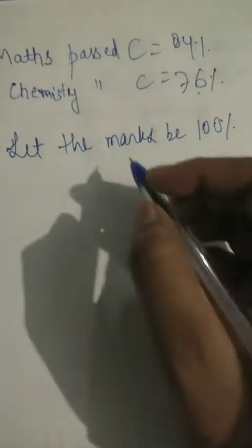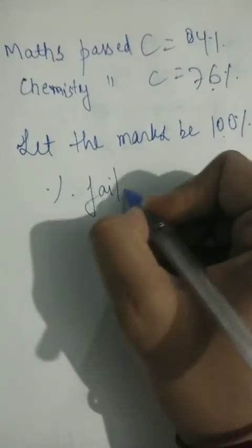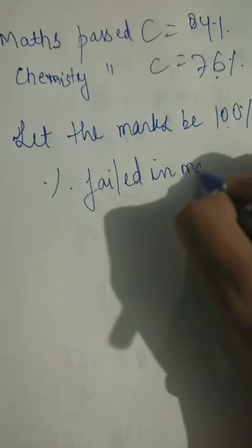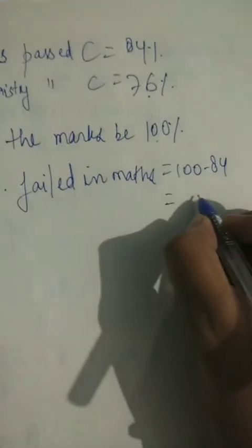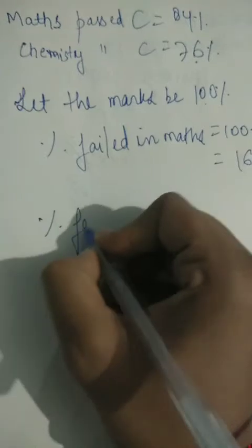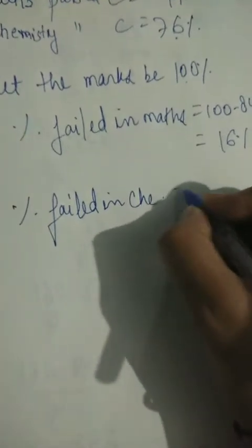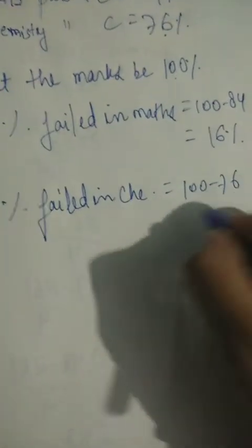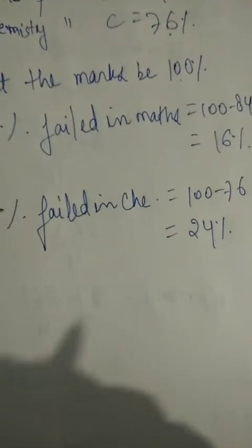This was passed in maths and this percent was passed in chemistry. So if we subtract this from 100, we will find percent failed in maths. So percent failed in maths is 100 minus 84, which is equal to 16%, and percent failed in chemistry is equal to 100 minus 76, which is equal to 24%.